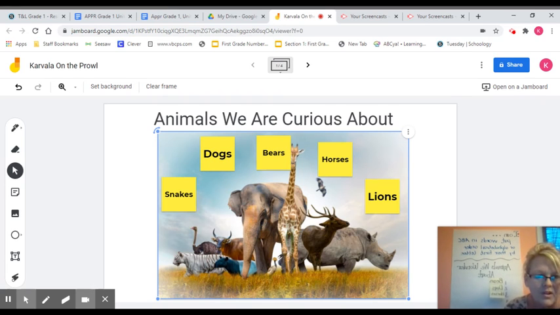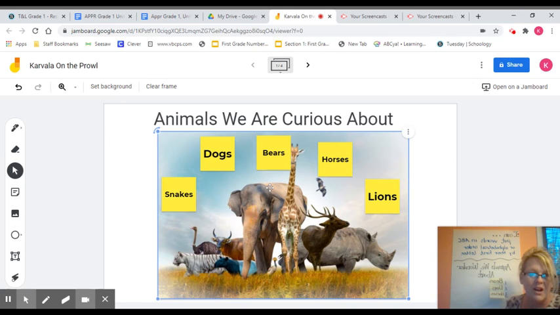Let me get that closer for you. All right, let's keep going. So H, I, no, I have two left. Snakes and lions. So I can actually look at snakes and lions. Look at that first letter. This one is L, lions, and this one is S, snakes. So which letter comes first in the alphabet? Does L come first or does S come first?